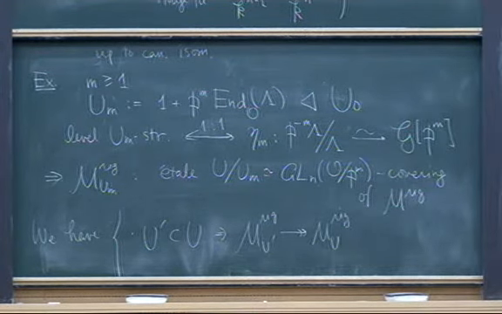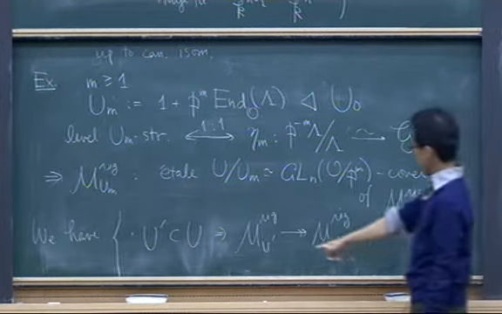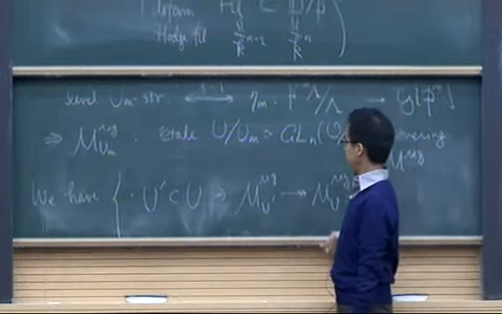So smaller U means higher level. So you can go from higher level to lower level.